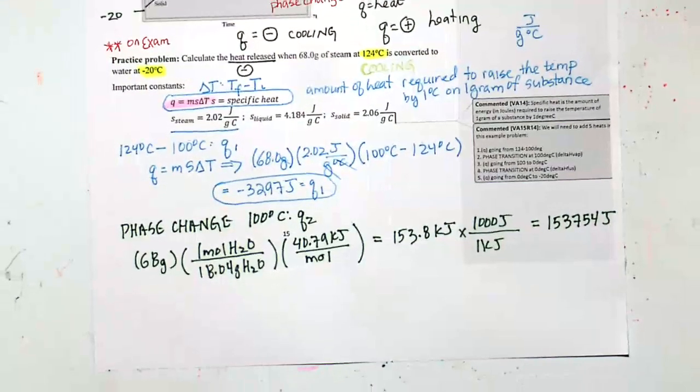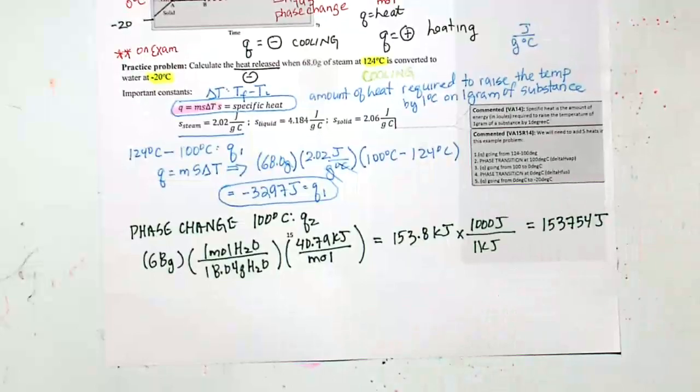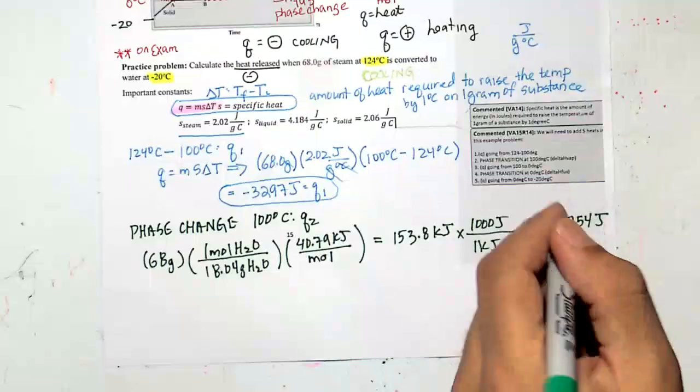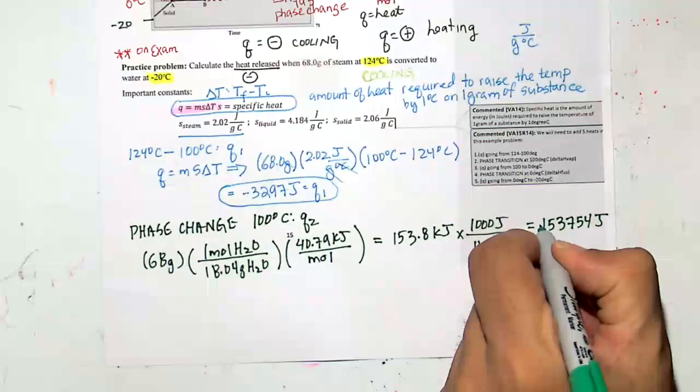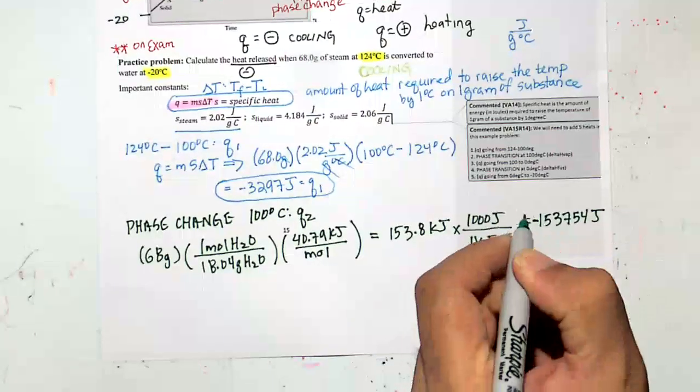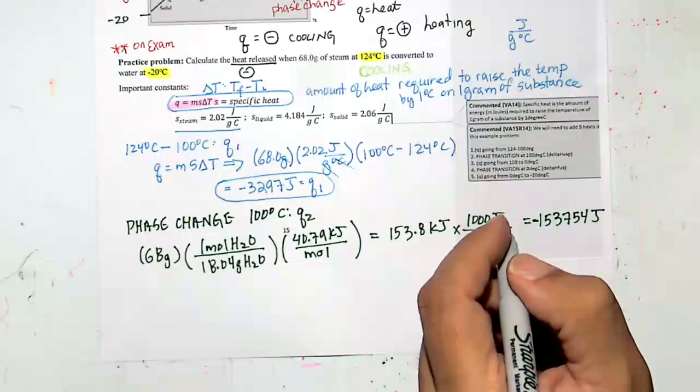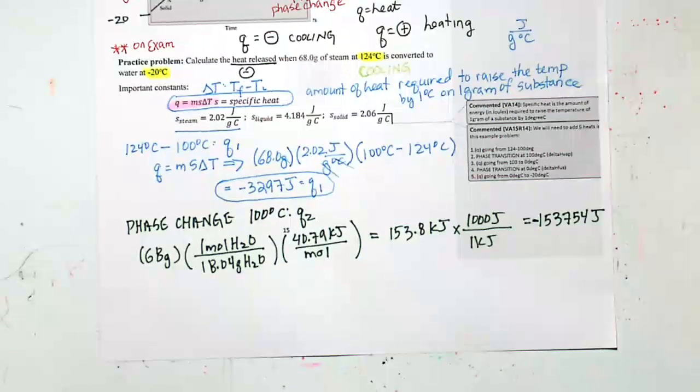All right, question for you guys. What is the sign here? This is something that can definitely trick you. Remember, what are we doing? Are we taking in heat or giving heat out? We're cooling, we're giving heat out, so the sign should be negative, even though it's not written here. Why? Because you are cooling and the heat is going to the surroundings.